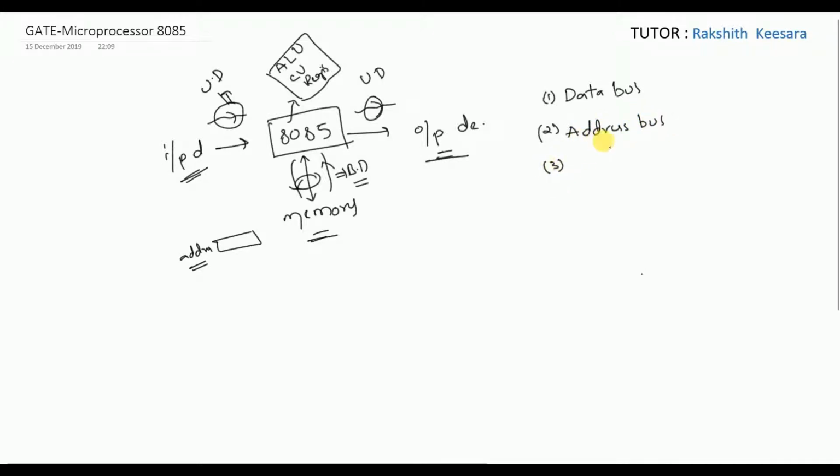Next, after getting the address of the location, we should know whether to take the data from the address or to write the data into the address. For that, we need a control bus. So what are the 3 types of buses, guys? Data bus, address bus and control bus.